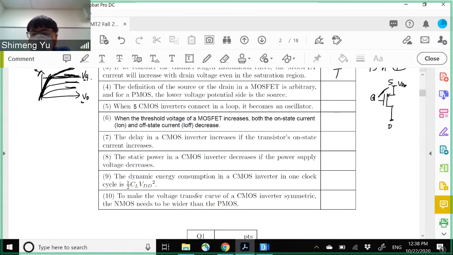So VGS is here. Here you can see that this source is attached to the power supply. So this is the higher potential side. Then this is the source. So it says this lower potential is the source, but actually it should be the higher potential for the PMOS. So this is false.